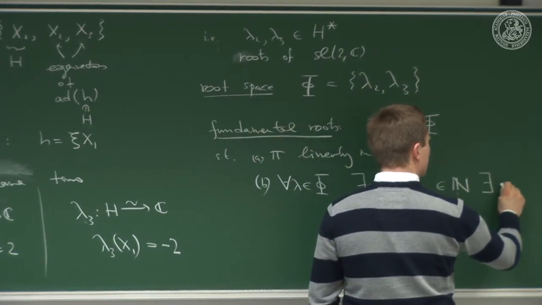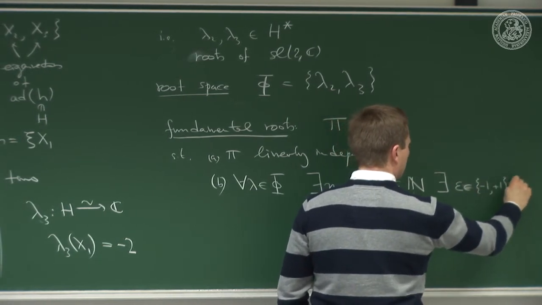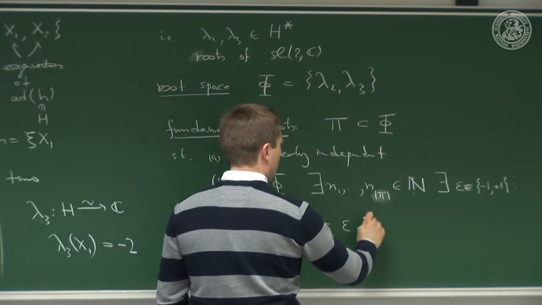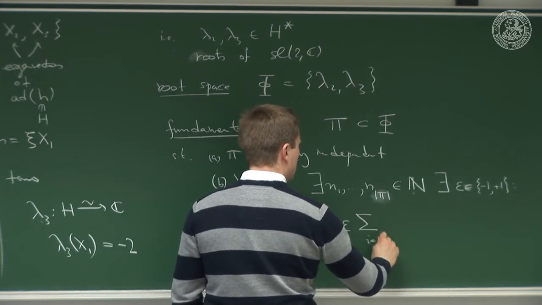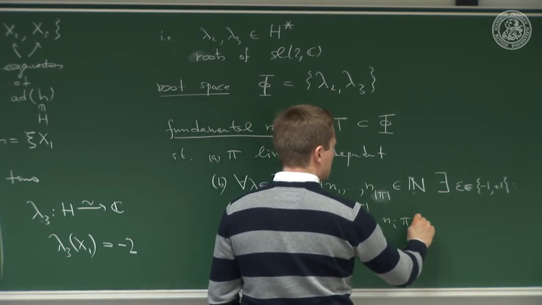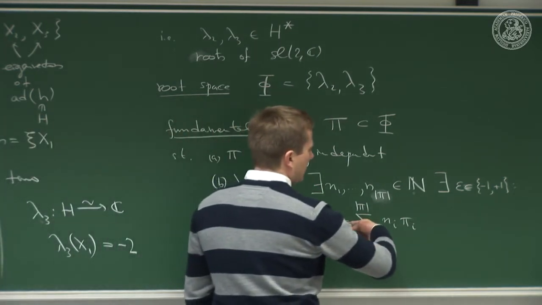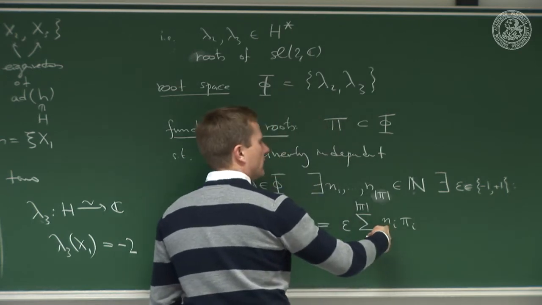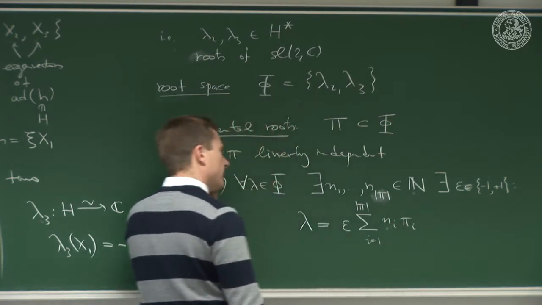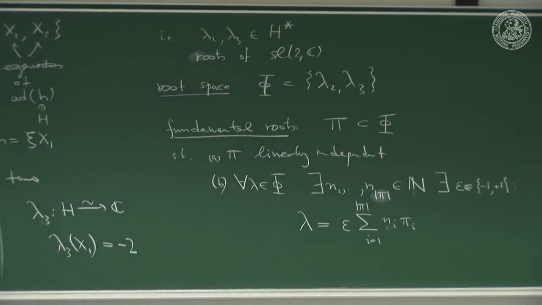And there exists an epsilon, which is either -1 or +1, such that lambda is epsilon times the sum, i equals 1 to size of pi, of ni times pi i. So you can either have only non-negative coefficients of the pi's, or only non-positive coefficients, but you cannot have, for example, plus pi 1 minus pi 2. That's not allowed. That's this construction here. We discussed this before.